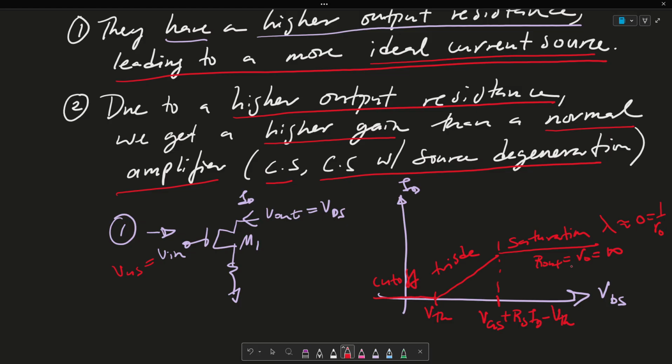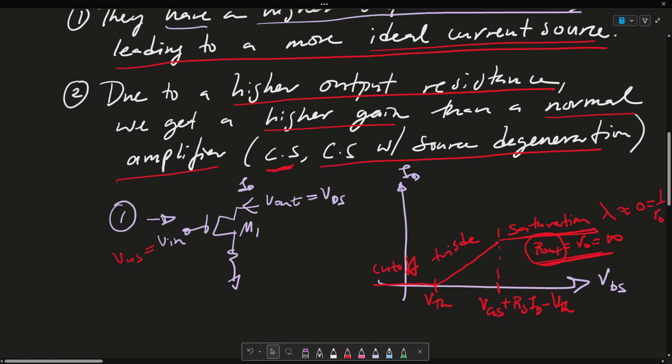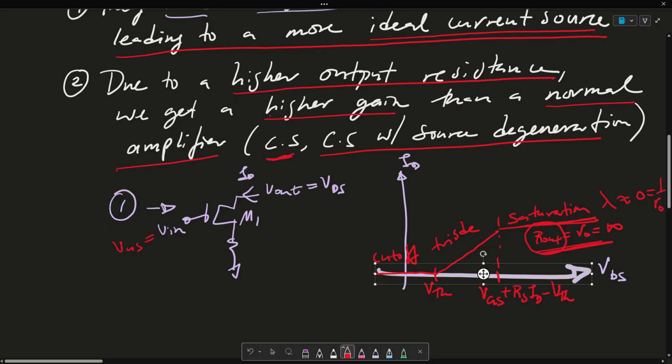So the higher R out is, the more this saturation region acts like an ideal current source, which is something that we desire. And the Cascode amplifier allows us to get an R out that is bigger than a regular common source amplifier. In addition to a more ideal current source that the Cascode brings, we get a higher gain.